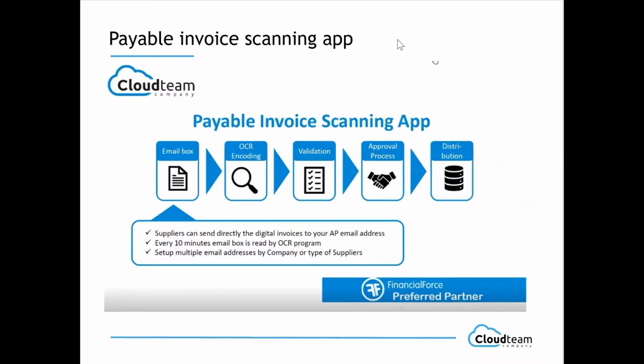It's a very straightforward process in which all your suppliers can send an email with the invoice to your email box. Then, through the OCR encoding, which is managed by DC Data, our partner for OCR, the PDF view is enabled, and after some steps it is made available for users to validate all the important information retrieved from the invoice.